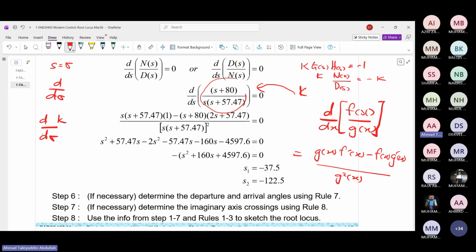If I want to have the K value, K is equal to minus D(s) over N(s). Got it, guys? And I want to equate the equation to be equal to 0.